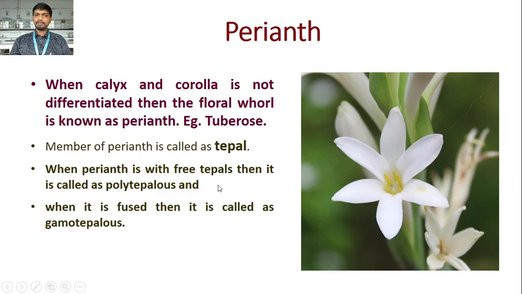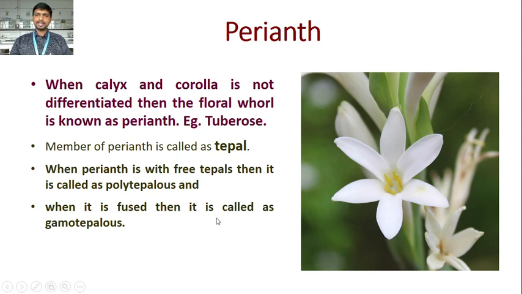When the perianth has free tepals, it is called polytepalous. Here we can see the polytepalous condition. When the tepals are fused, it is called gamotepalous. Like the calyx and corolla, the polytepalous and gamotepalous conditions are seen in the perianth.